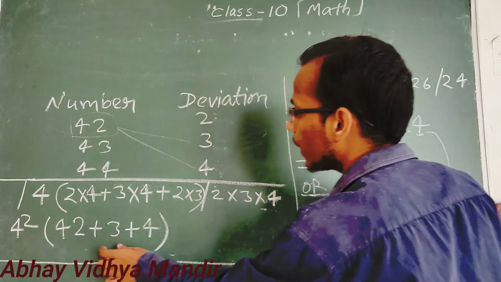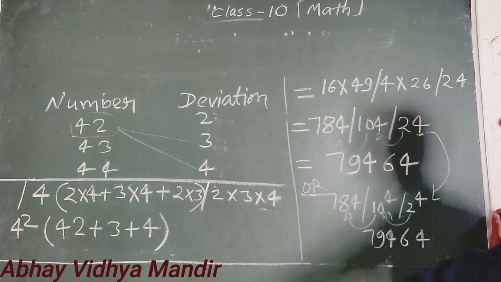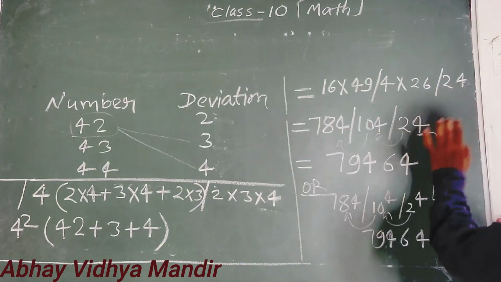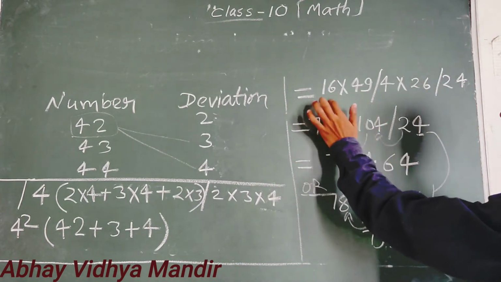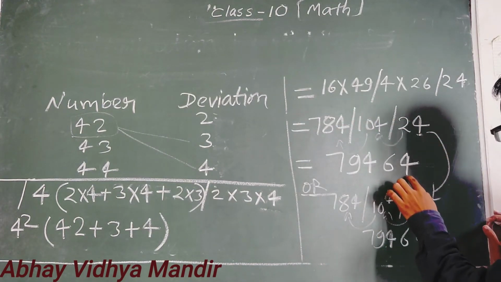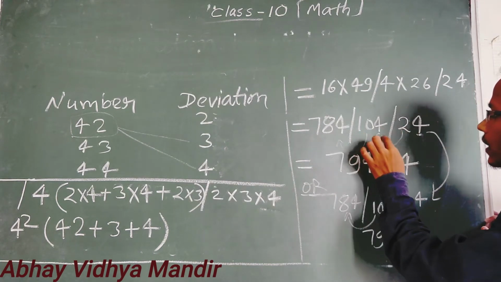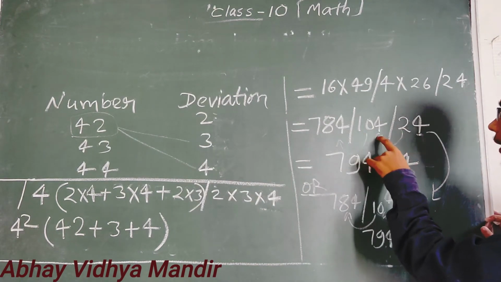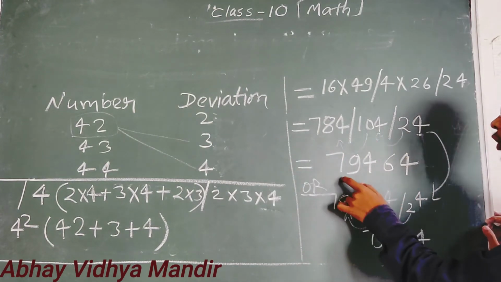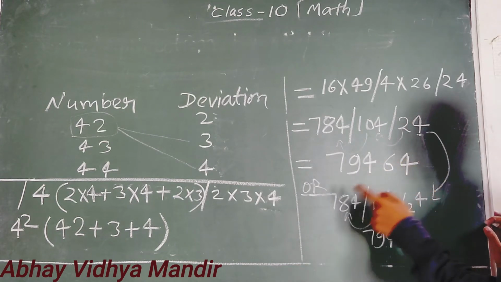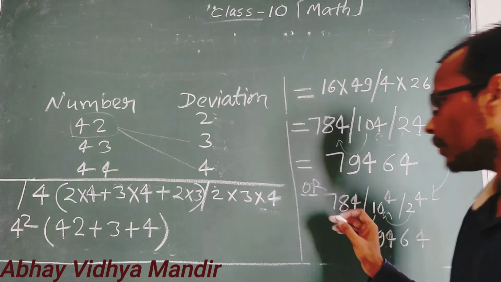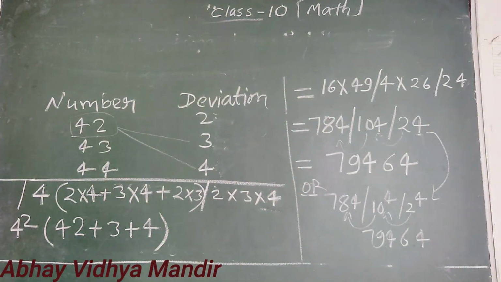And 42 plus 3 plus 4, 49, multiplied with 16. Multiply: 24 as it is, this is 104 and this is 784. First process: this 4 is noted here and 2 is carried on this. So this becomes 106. Of 106, 6 stays and 10 is carried to this, and 794. So the answer is 79464. Or you can use this step in this way also. Whatever you want to write, you can use both processes.